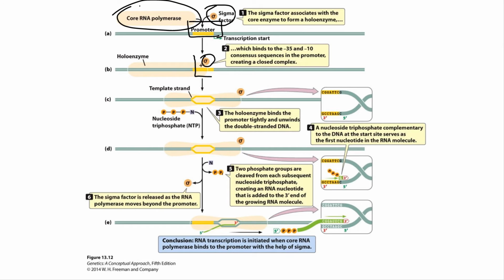Very often during the initiation, RNA polymerase actually does not proceed completely. It just generates a short transcript of 2 to 6 nucleotides while it's still bound to the promoter.